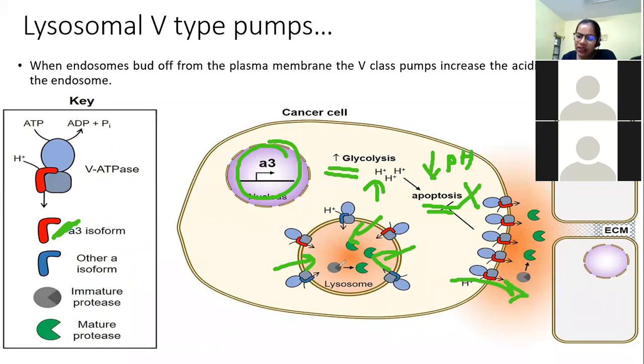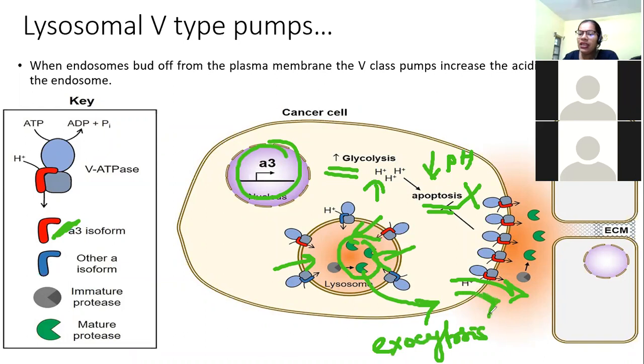If the lysosome takes all the H plus, all the inactive proteases will become active. These active proteases are then, with the help of exocytosis, thrown out. Now these active proteases will finally start eating all your extracellular matrix or degrading the nearby cells.